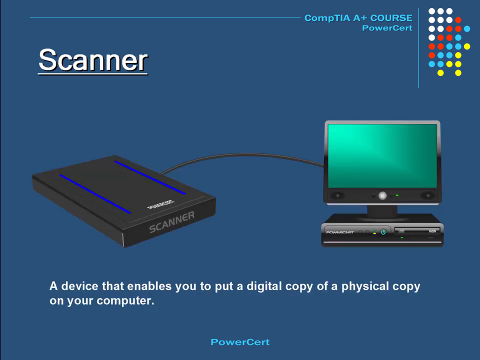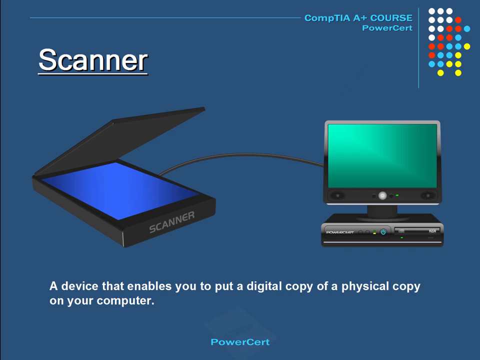Now, a scanner is a device that enables you to put a digital copy of a physical copy on your computer. So, for example, if you have a photo or a document and you wanted to put a digital image of that photo or document on your computer, that's what a scanner enables you to do.